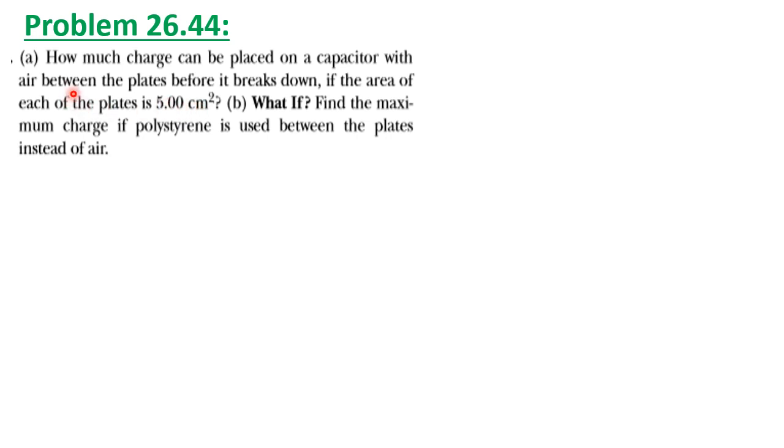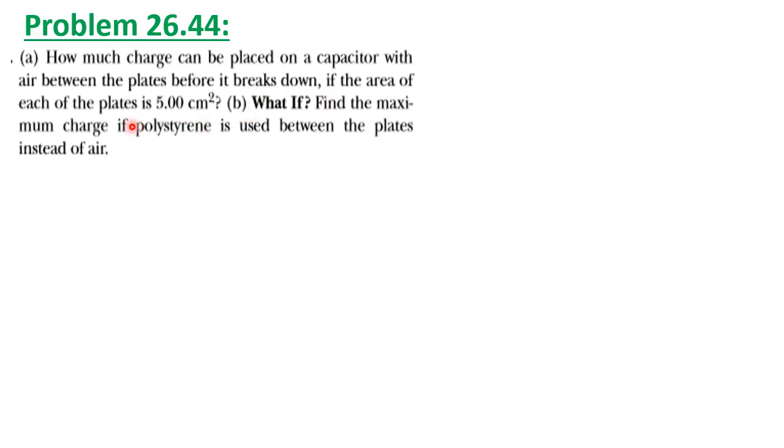So if we are using air over here, it means that the dielectric between the capacitor plates is air. So we have to find the maximum charge that will be stored on the parallel plate capacitor when we have air as dielectric between them.